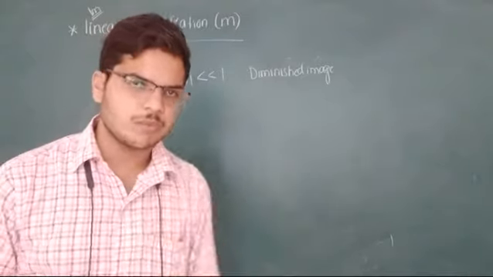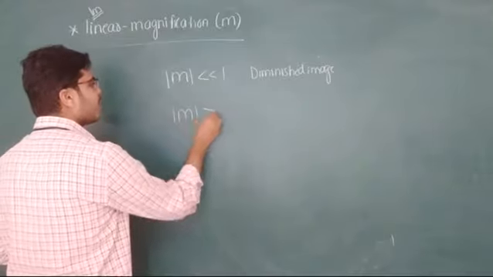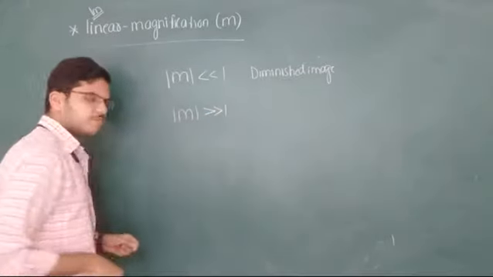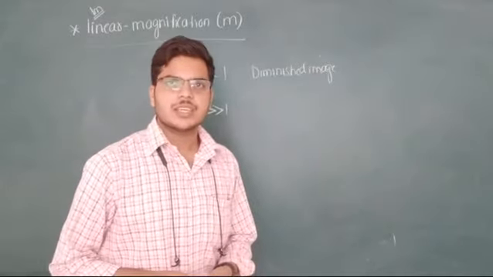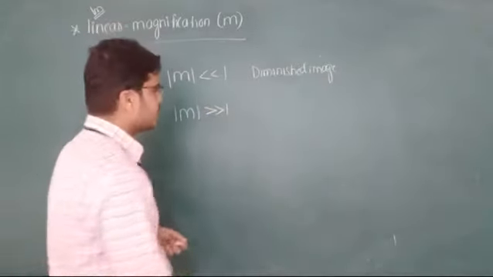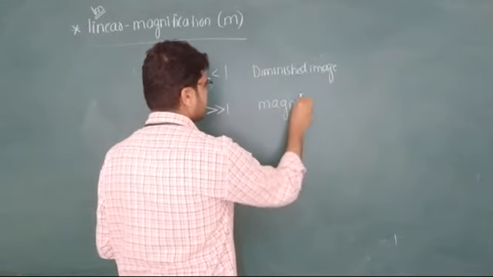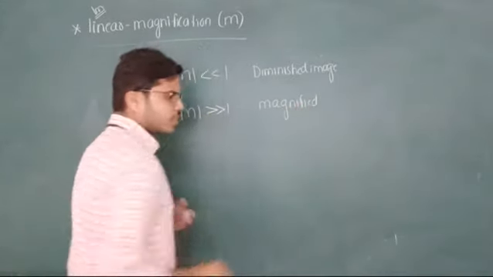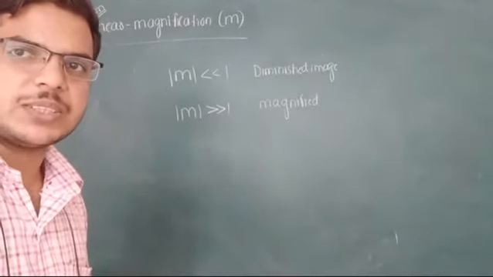If the magnitude of linear magnification is greater than 1, then it is a magnified image.